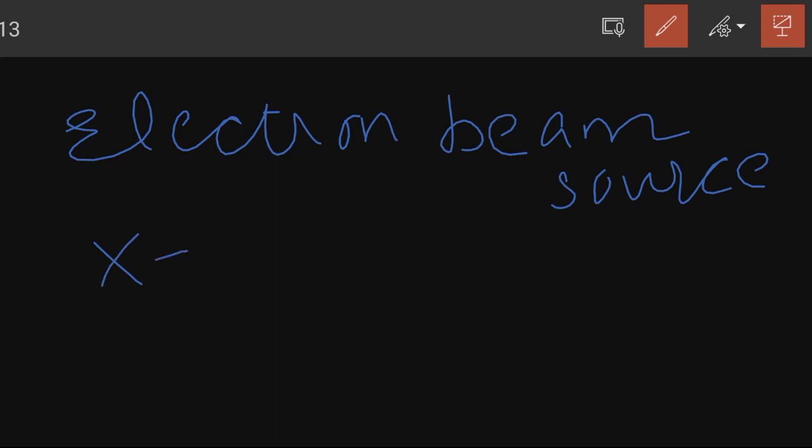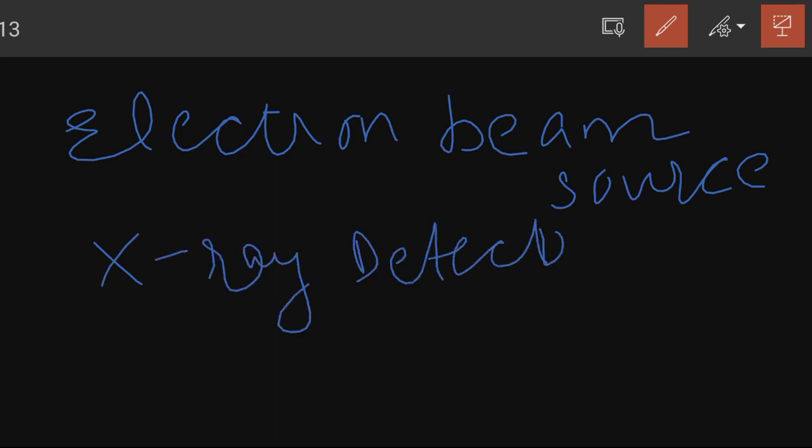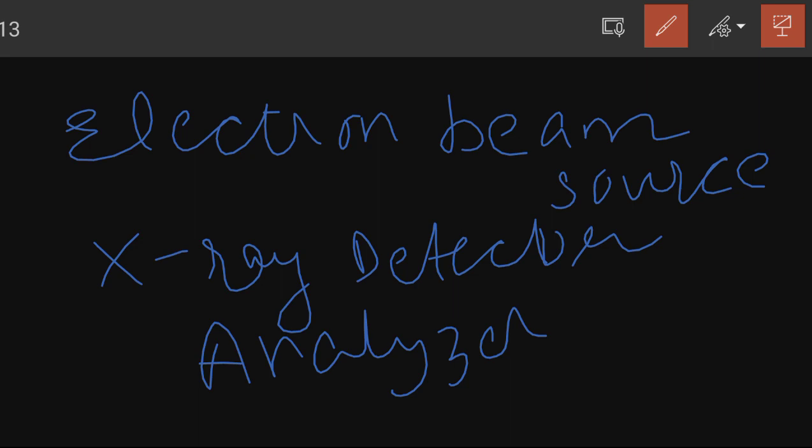The second one is the X-ray detector. Third is the analyzer, and last is the pulse processor.